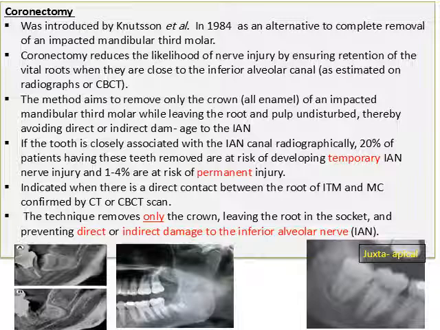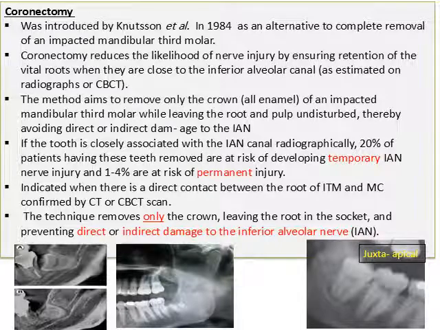nerve. Direct is when there is damage to the nerve directly, while indirect might happen during the removal of the tooth by pressure or bone debris, or during elevation by pressure on the nerve. This is indirect, or bleeding in the area. This is indirect trauma.